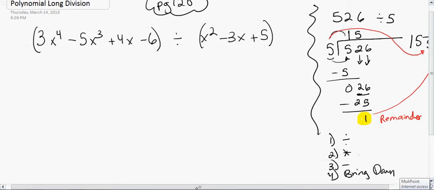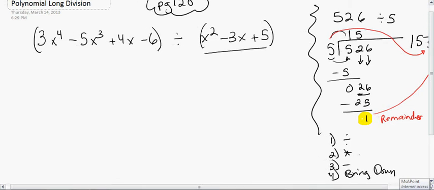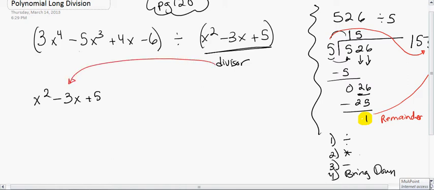First, I'm going to rewrite it. So the second polynomial, that's my divisor. That's what I'm dividing by. And that's going to go on the outside of my problem, outside the box. And the thing I'm dividing into, that's called your dividend.